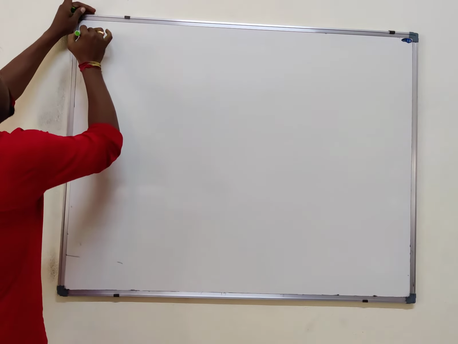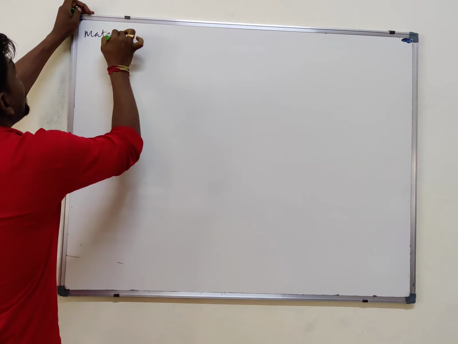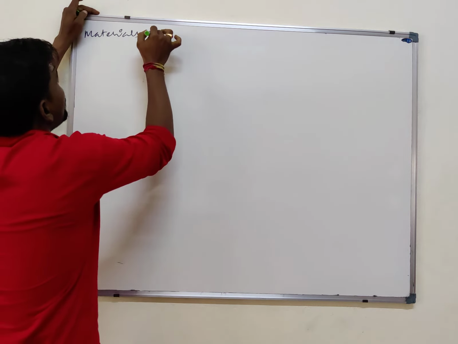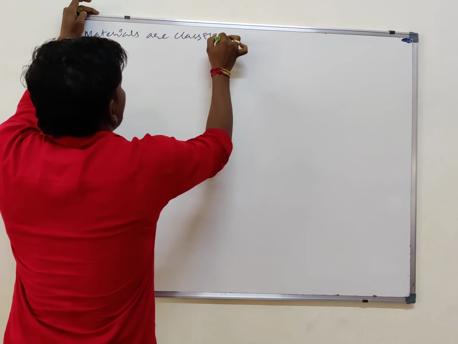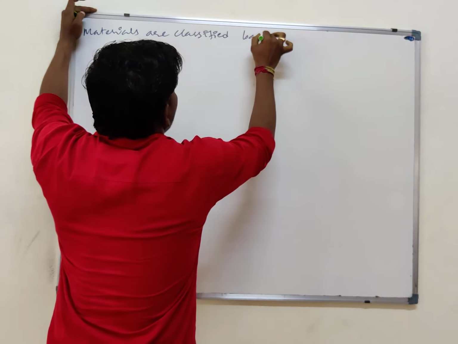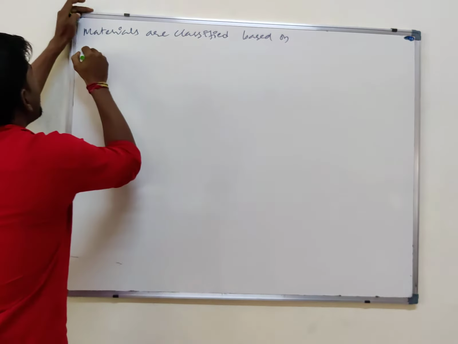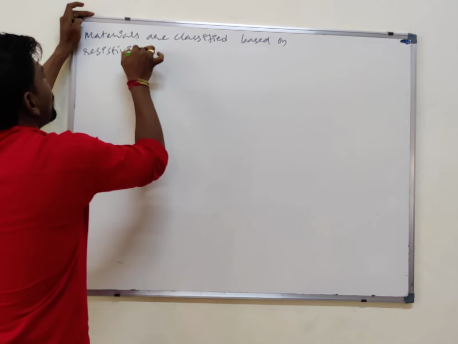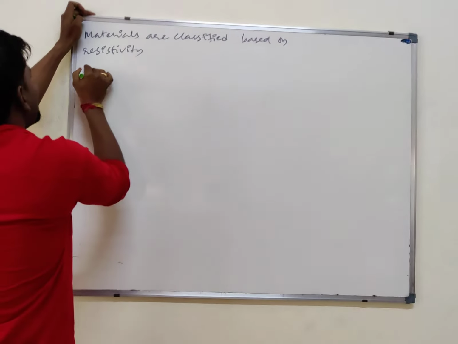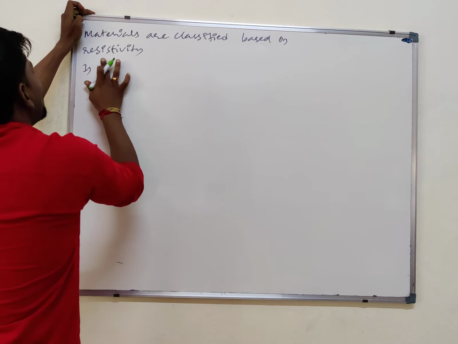So here materials are classified based on resistivity. First one, conductors.